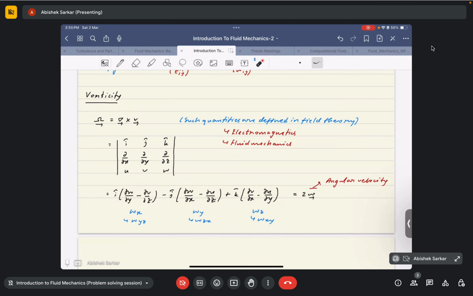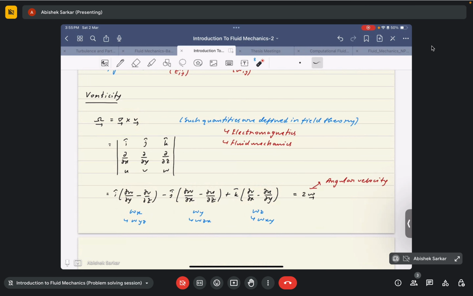Since the velocity components that we are dealing with are along the x and along the y direction, then the resultant cross product would always have its component perpendicular to these two velocities, which is essentially the z axis or the z component.